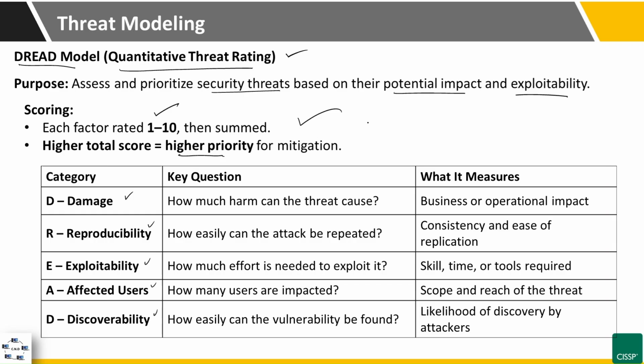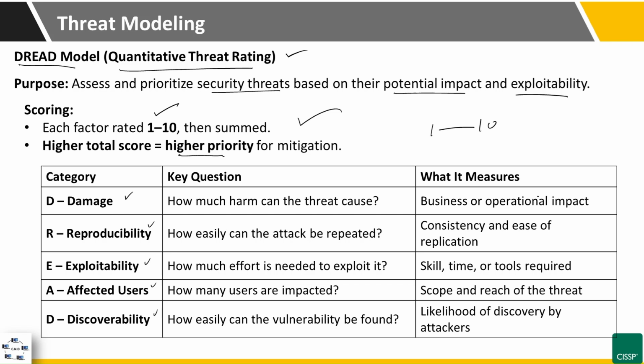For example, there is a threat, and for that particular threat, we get a score for each of these. D is for damage, that is how much harm this threat can cause. Let's suppose our rating is from 1 to 10. If it causes a harm of 1 or 2, it is less damaging, and if the threat causes a harm of 8, 9, 10, it is very highly damaging.